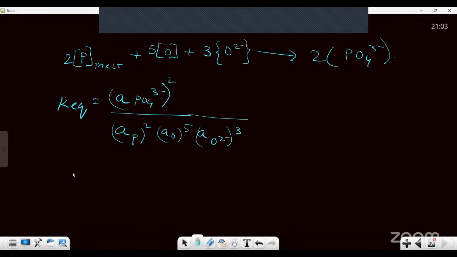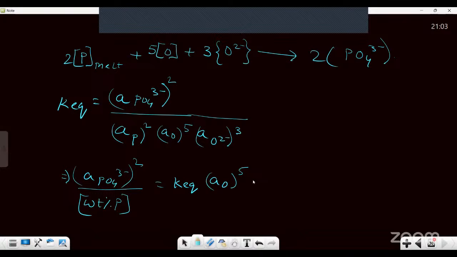Now I can say that the activity of PO4 3 minus whole squared, divided by the weight percentage of phosphorus in the metal, is equal to K equilibrium, activity of oxygen to the power 5, and activity of O2 minus to the power 3. So this is whole squared I'm talking.